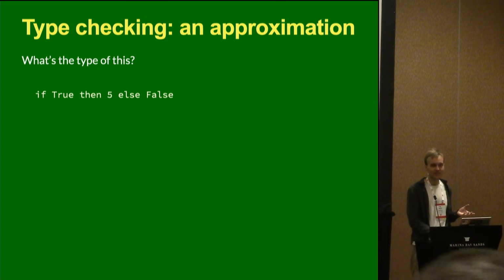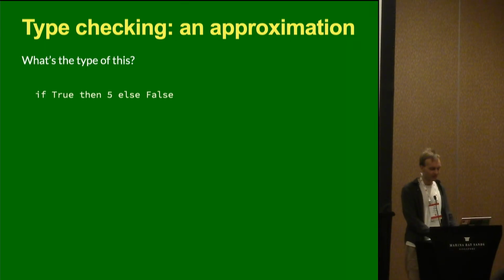But our equation said that the type checker has to give us the same type as evaluating it and then taking the type of that value. In this case, the value is 5, its type is an integer. The type checker would have to look at the values. It would have to do evaluation, and this is no longer a type checker, really. We don't want this behavior.